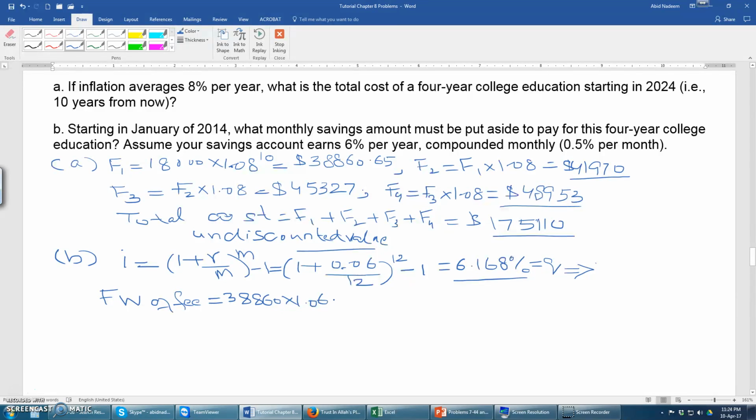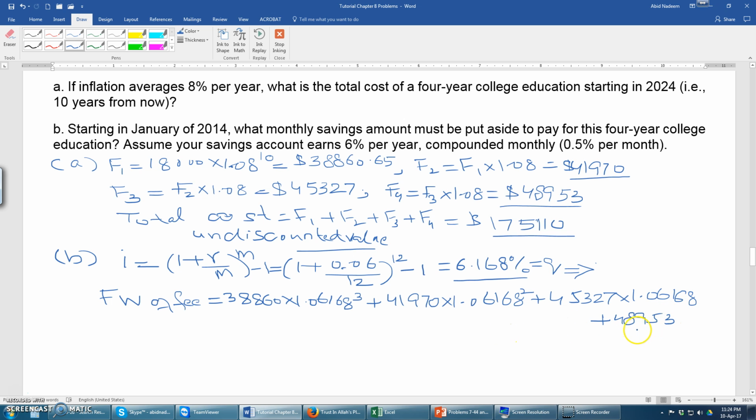power 3. The second value was 41,970 multiplied by 1.06168 power 2. The third value is 45,327 multiplied by 1.06168 power 1, and the last value you can just add here, 48,953.